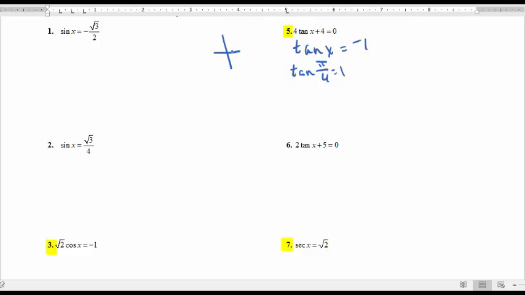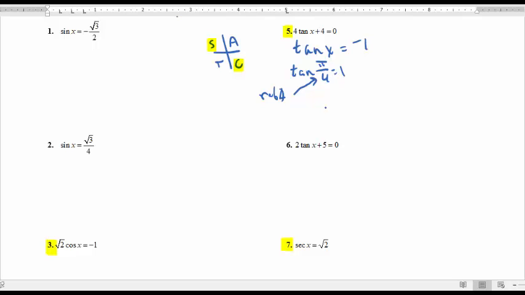So again, if we look at ASTC, we're looking in the second and the fourth quadrant, right? Because we want it to be negative. So if pi over 4 is the reference angle, right, we need pi over 4 in the second quadrant and in the fourth quadrant.